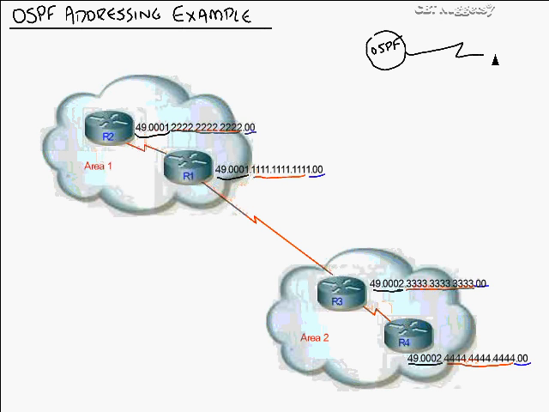For example, if the IP address on this interface is 1.1.1.1 and over here is 2.2.2.2, I would put those into the OSPF process by saying network 2.2.2.2 wildcard mask of 0.0.0.0 area 1. So at this point, to the left of that router would be area 1. Now I would put this one in by typing network 1.1.1.1, wildcard mask of 0.0.0.0, and I'd say area 0. So now at the border of that area, it's like this router has a split personality. Half of it belongs to area 0 and half of it belongs to area 1.